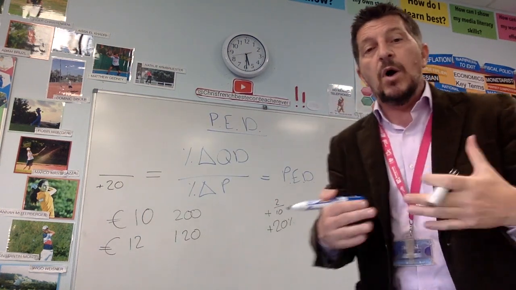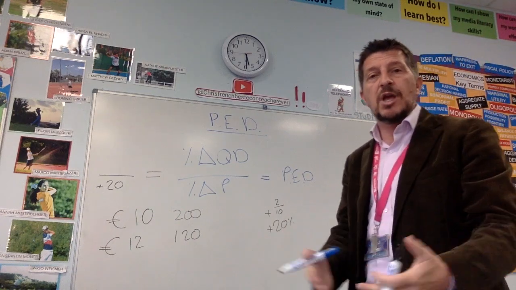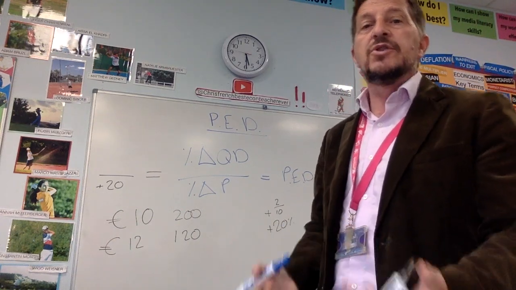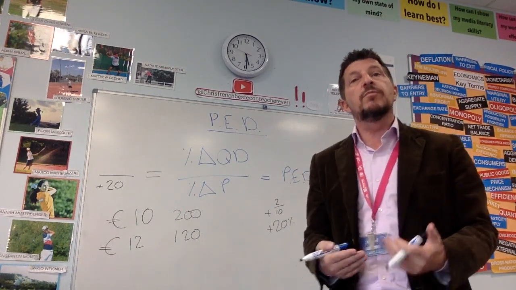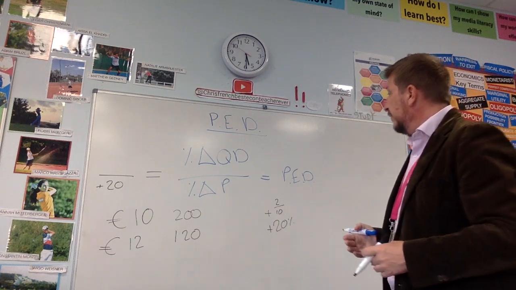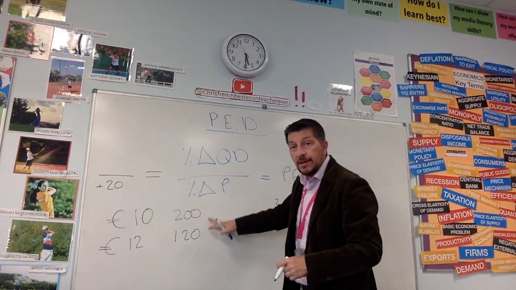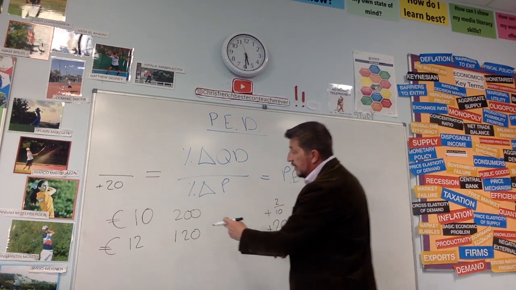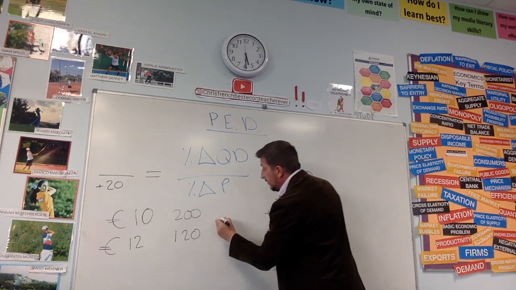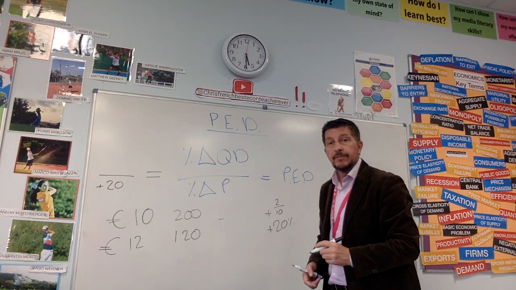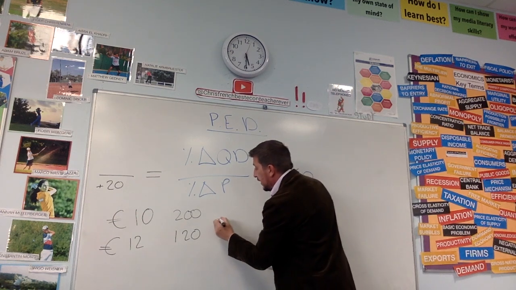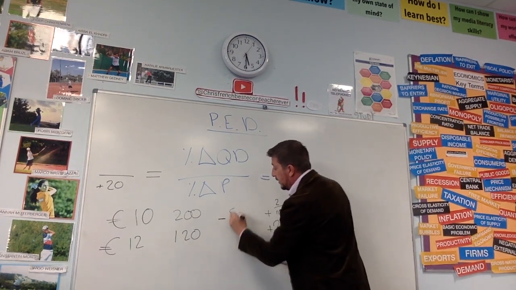So what has that 20% change in price done to the number of consumers? Well, really straightforward. Again, we've taken the difference, the change. Now, of course, the number of customers has gone down, so it's a minus. How much has it gone down by? 80.